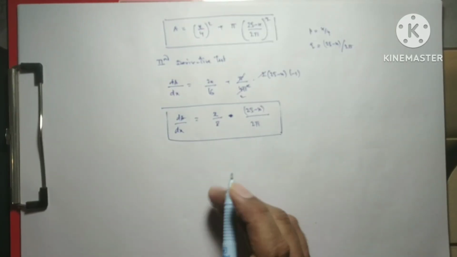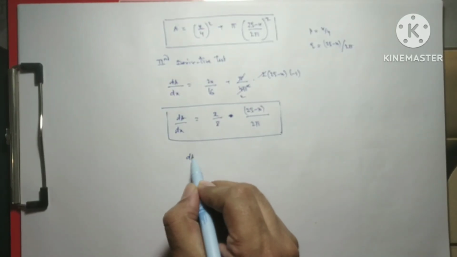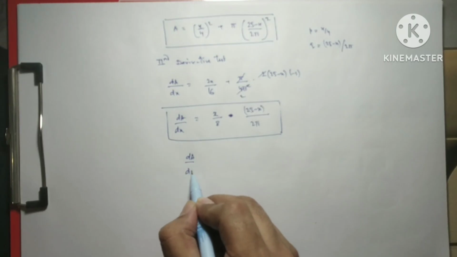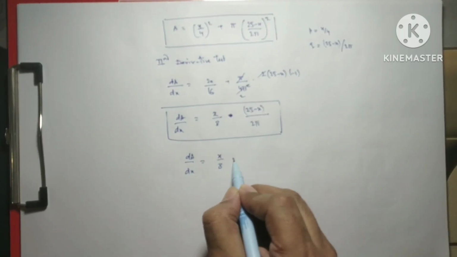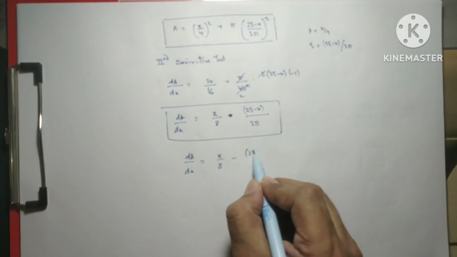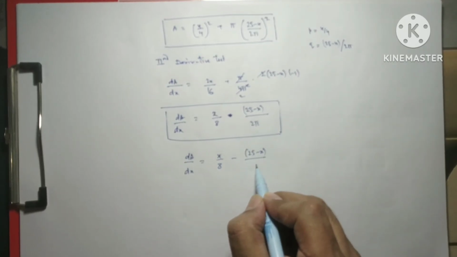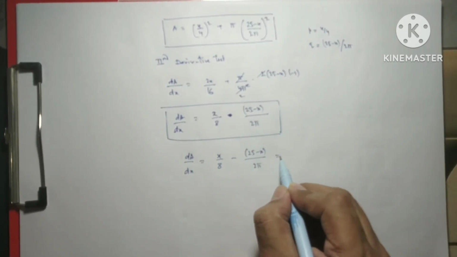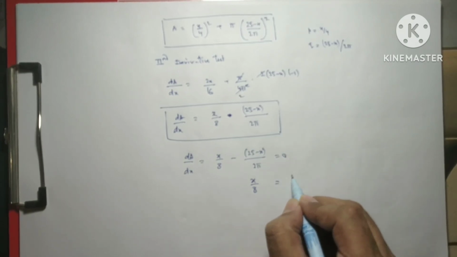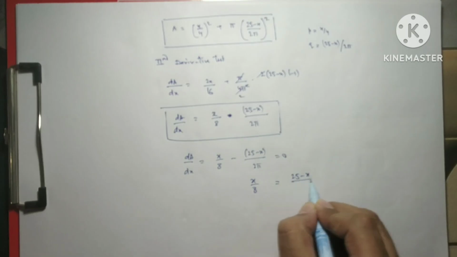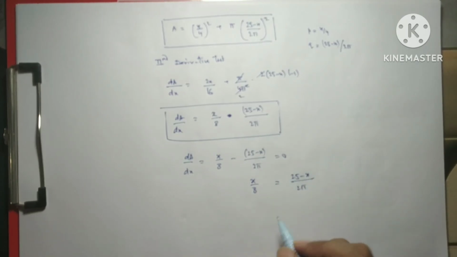Now we put dA over dx equals 0. So x over 8 minus 25 minus x over 2 pi equals 0. So x over 8 equals 25 minus x over 2 pi. We want to collect the values of x.